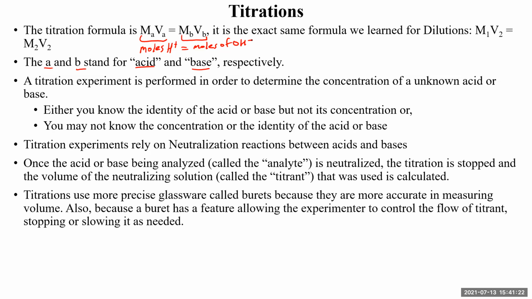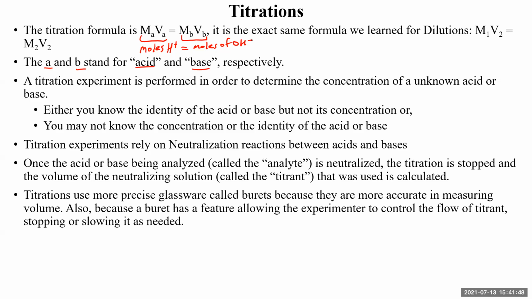Either you know the identity of the acid or the base, but not its concentration, or you may not know the concentration or the identity of the acid or base. Either way. In fact, we're going to do an example where we figure out the identity of the acid or base compound based on a titration experiment, working our way back through molar mass and then using the molar mass to figure out the identity.